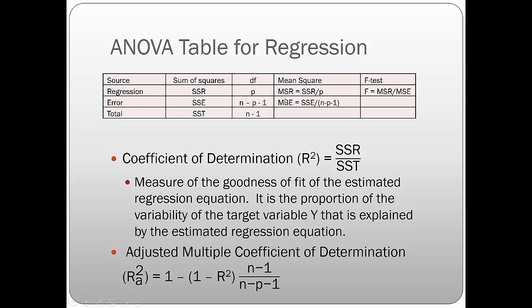So for your MSE, if the loss of degrees of freedom is not compensated by a sufficient reduction in SSE, the MSE may go up, so it may not be a good idea. That is the reason why we have adjusted R squared, which adjusts for the fact that when you add new variables, you lose some degrees of freedom, and that may not be worth the reduction in SSE that we may achieve.